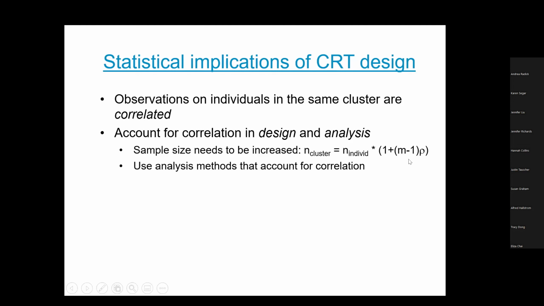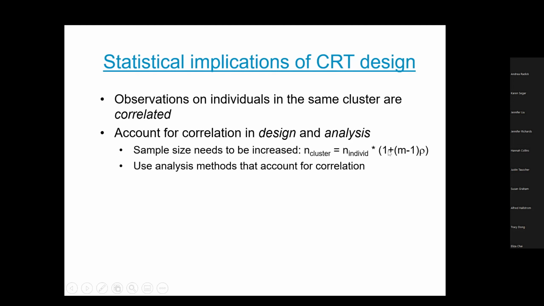There are 2 key features of this multiplier. One is the number of individuals per cluster, that's this M. If M is 1, then you have effectively an individually randomized trial, and so this whole thing goes away and these 2 are equal.